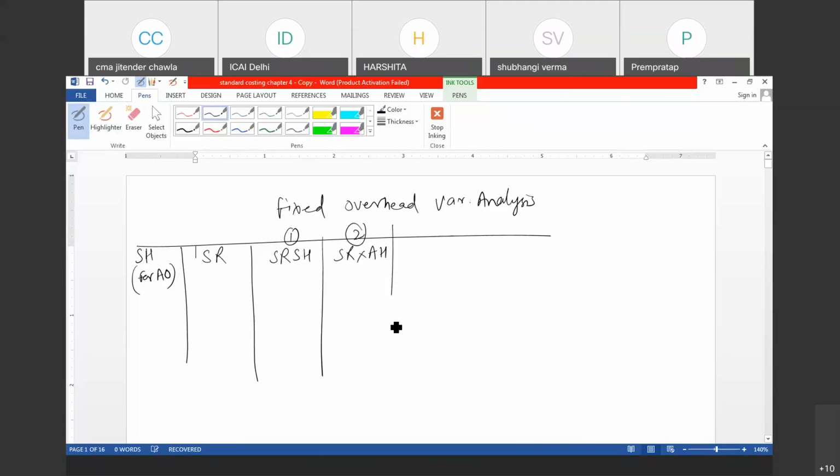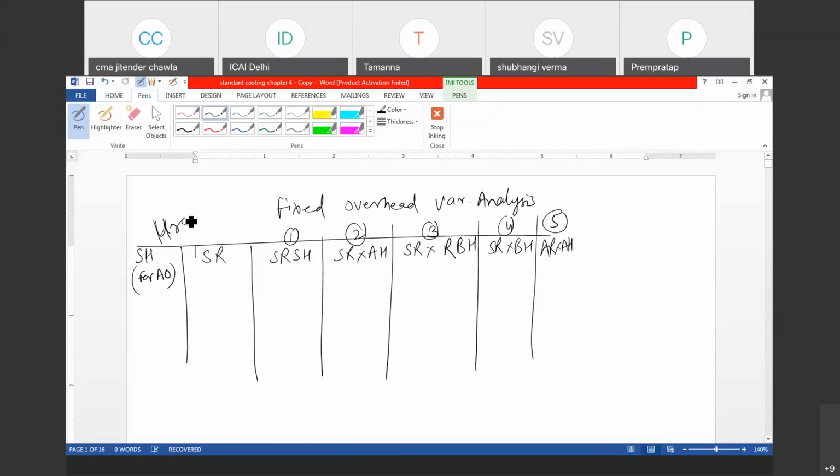Second, standard rate into revised budgeted hours. Third, standard rate into budgeted hours. Fourth, actual rate into actual hours. Fifth, this all calculation are based on hours-based calculation. Am I right?